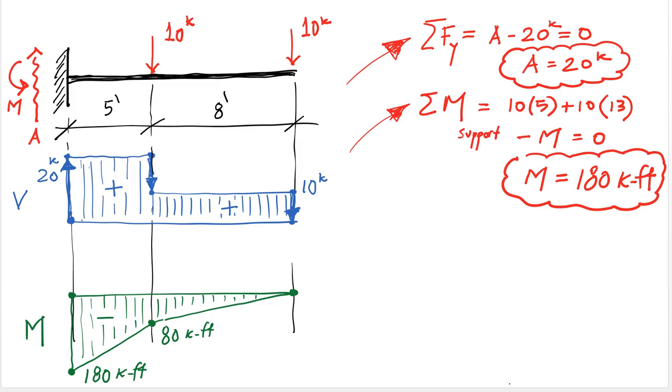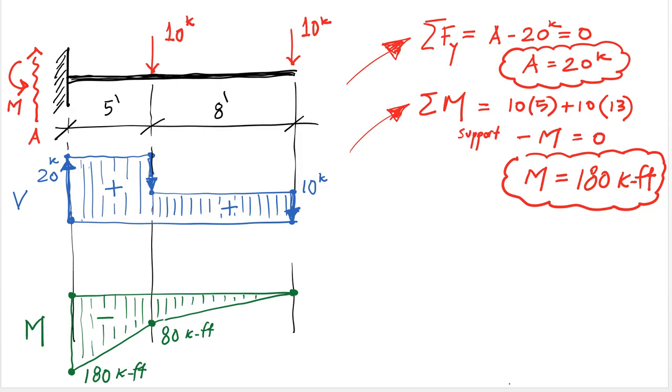Stays constant horizontally until we get to the first external load of 10 kips, and then it goes down by 10 kips. So 20 minus 10 gives you 10, and then that stays constant until we reach the load at the tip of the cantilever, which brings the shear diagram to 0.